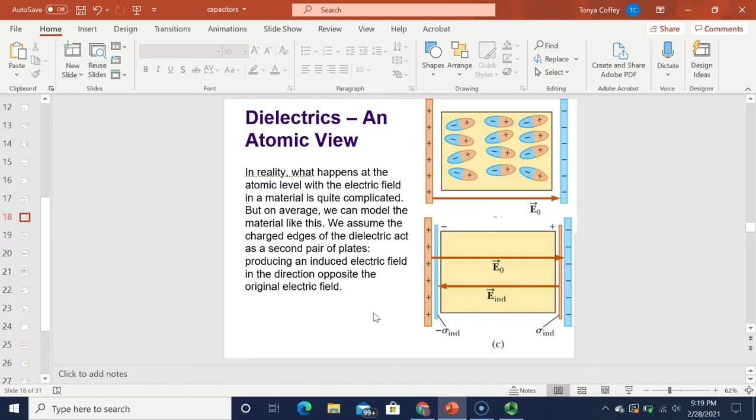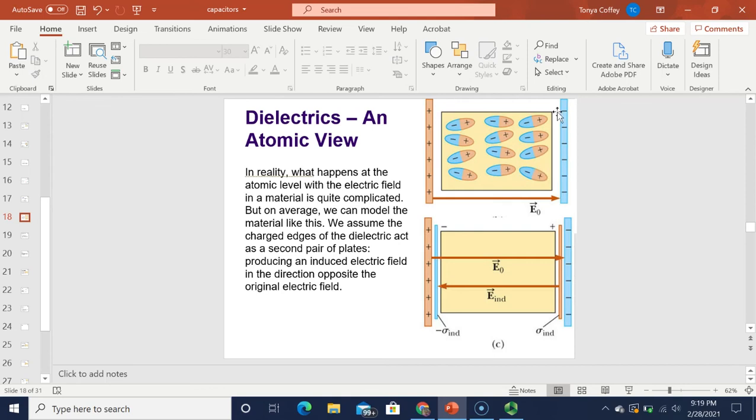And on average, this little cartoon that we have up top is how we model materials, okay? So if you're picturing this cartoon world, you can picture these dipoles trying their best to line up with that external field, right?